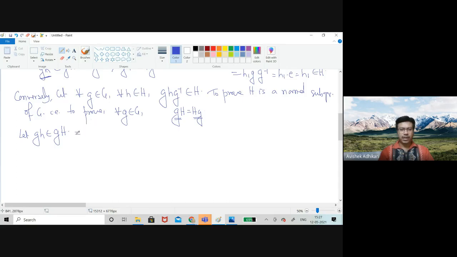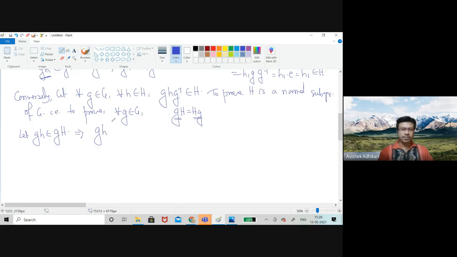That implies, what do you mean by that? How do you prove this? Any guess? So what we need to prove is that gH equals Hg.